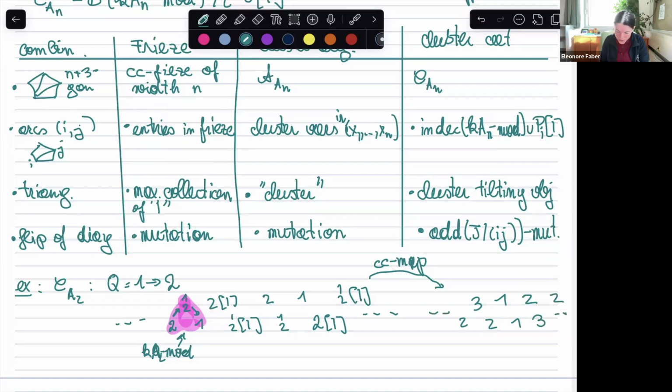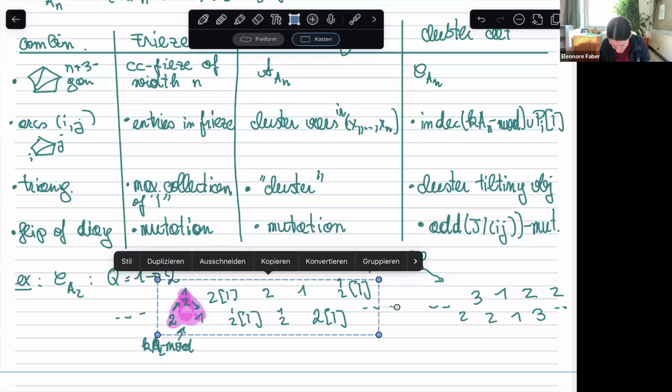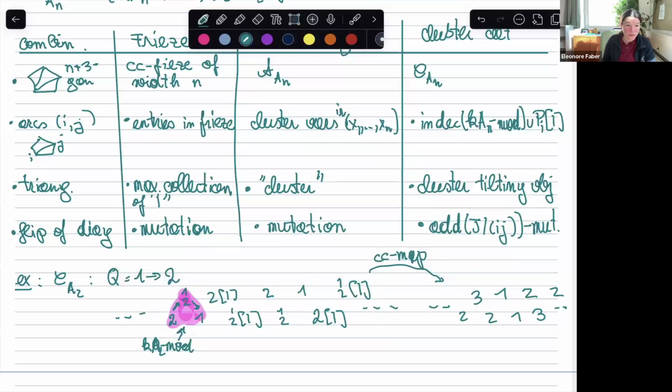So without the ones. And so this is an example of how to get from the quiver to the frieze. And one thing I will actually need is that this frieze has a fundamental domain. This thing here, so probably I should copy this.